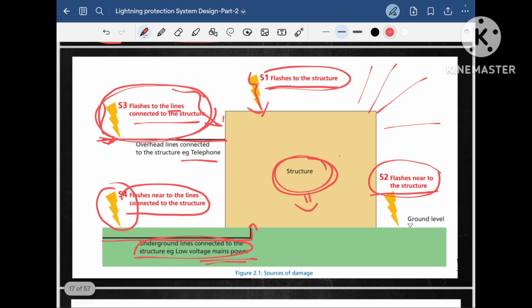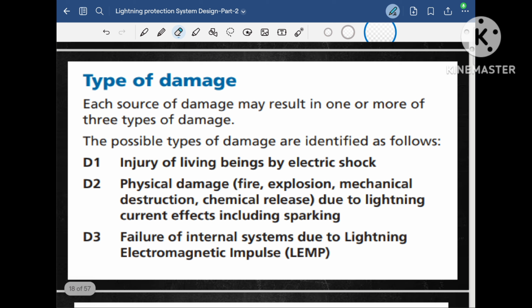So based on the possibility of lightning flashes to our structure, like S1, S2, S3 and S4, there will be possible damage. So let's discuss what would be the possible damage due to S1 flash, S2 flash, S3 flash and S4 flash. Depending on the lightning strike type, that is S1, S2, S3 and S4, there are three possible types of damage, that is D1, D2 and D3.